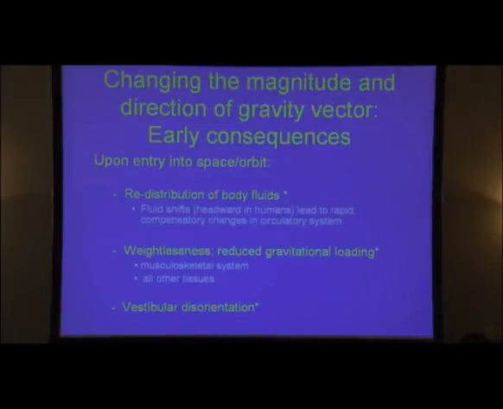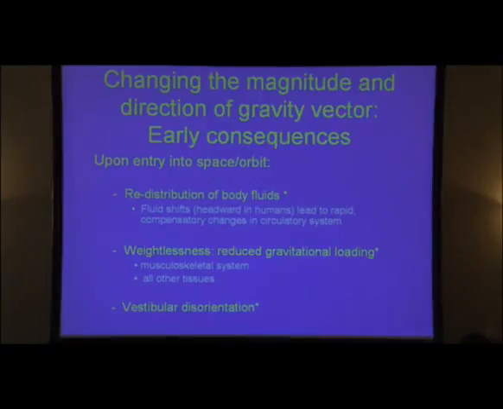So upon entry into space, two things happen immediately, very acutely. There's a headward shift in the body fluids, and there are rapid compensatory changes that take place in the circulatory system. Also, the one attribute we think about most often is that we're exposed to weightlessness.